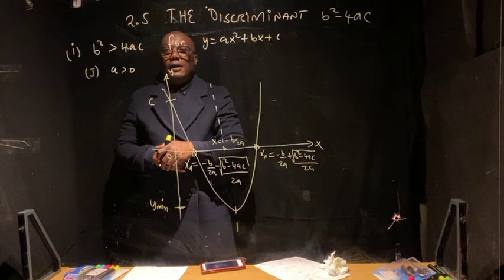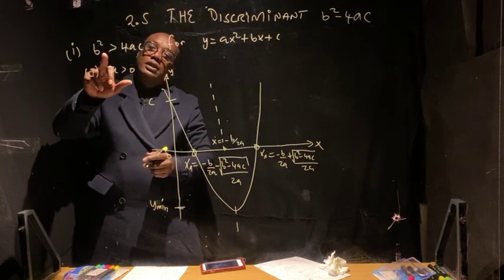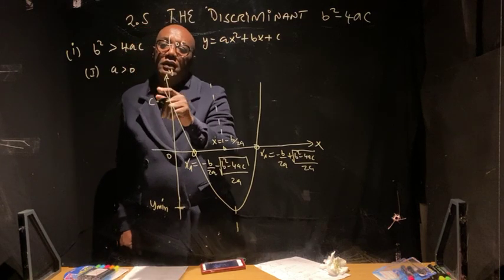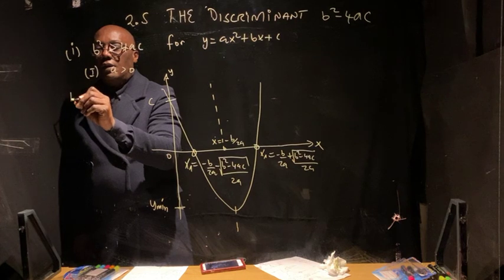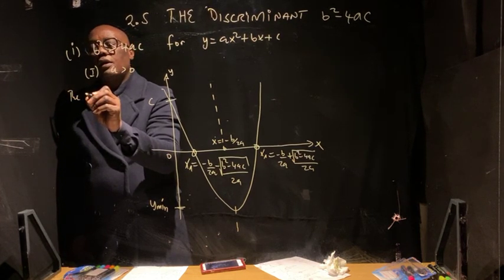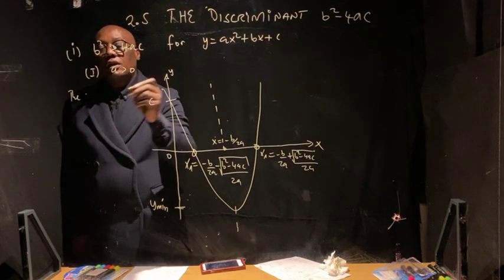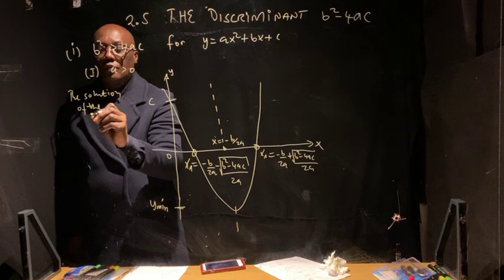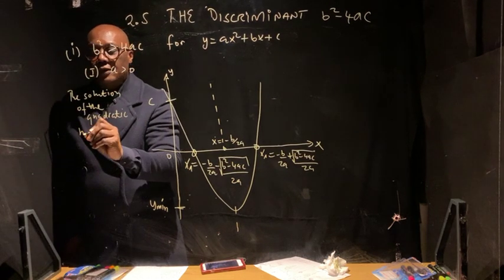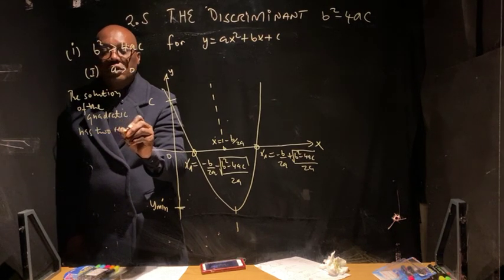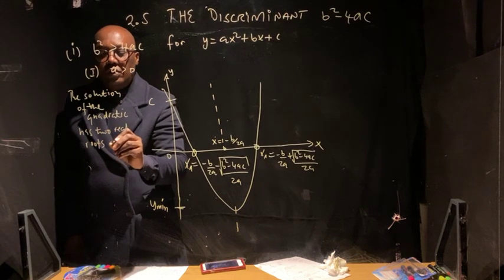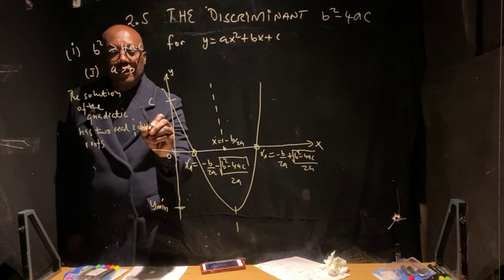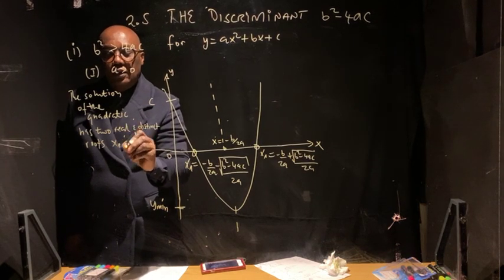Very good. So under this condition, b squared greater than 4ac says that the curve, or the solution of the quadratic equation, has two real and distinct roots, x1 and x2.